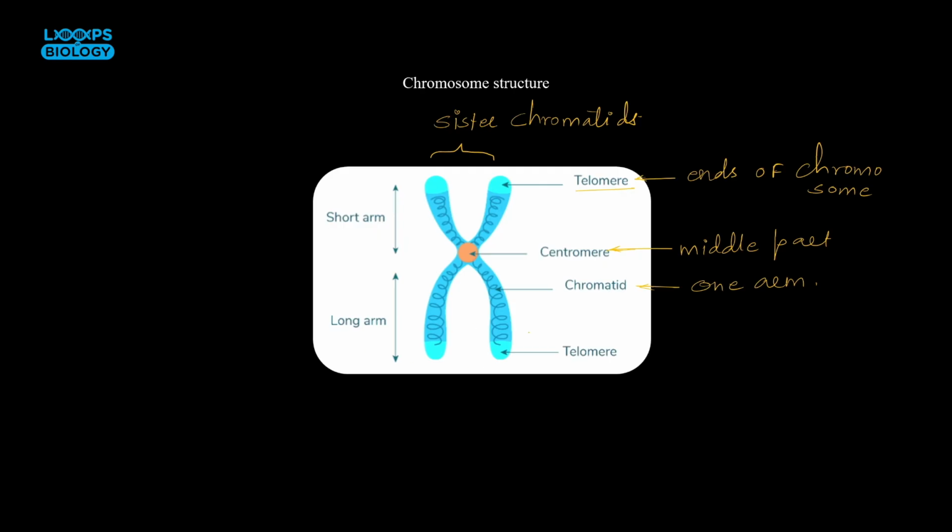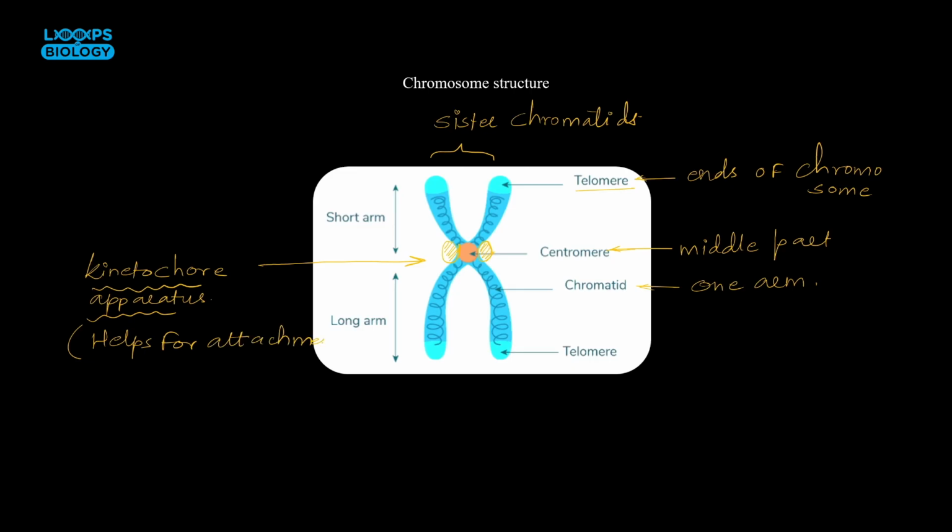And if we are talking about centromere, the attachment of spindle fiber takes place on a protein which is surrounding this centromere. This protein is called kinetochore apparatus or kinetochore protein. This kinetochore protein helps for attachment of spindle fiber.